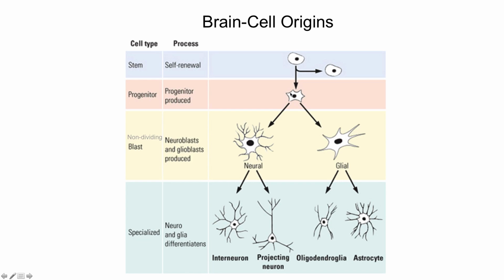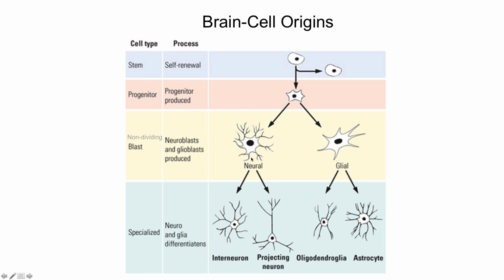After this, they will end up as either neural non-dividing blasts or glial non-dividing blasts. These are cells that cannot divide any further because they're already getting specialized.